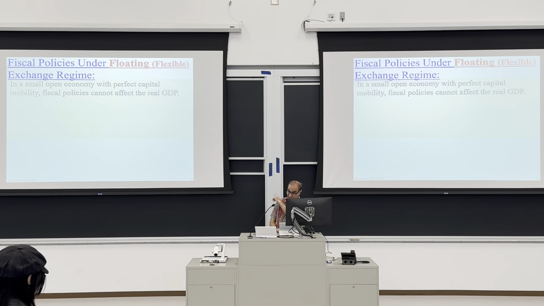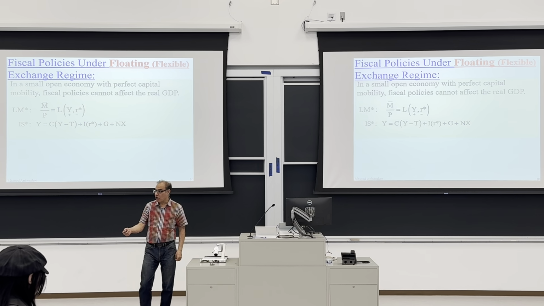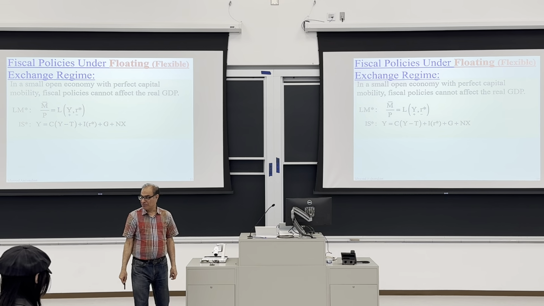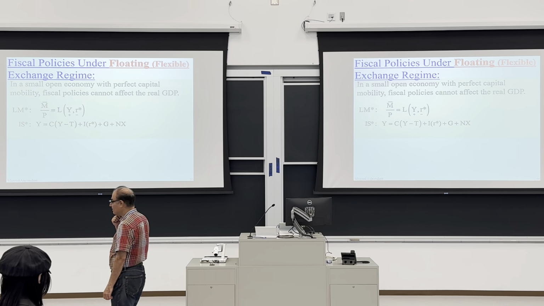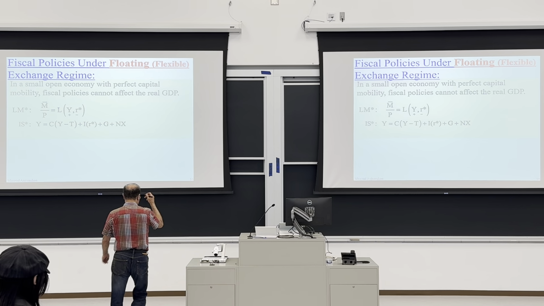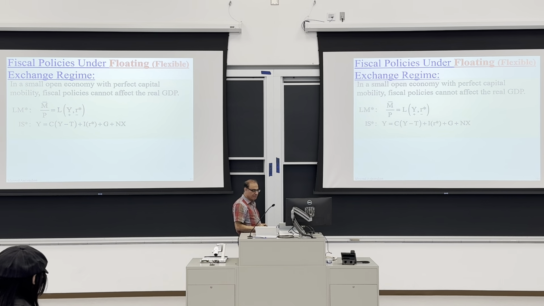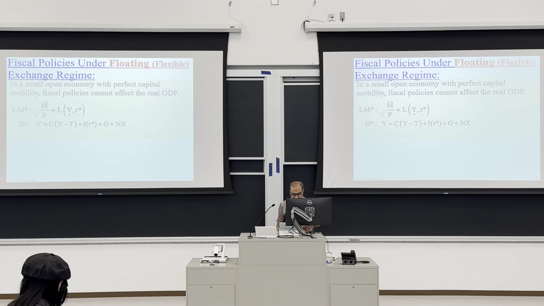Now, please read closed economies, increase in G, okay? In closed economies, G goes up, output goes up in the short run. Not here, okay? So why? Because in the short run, P is fixed.